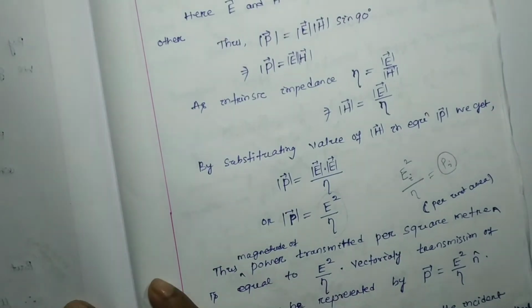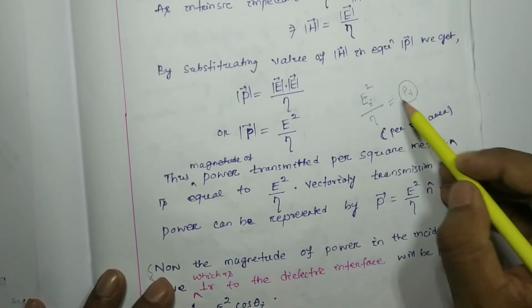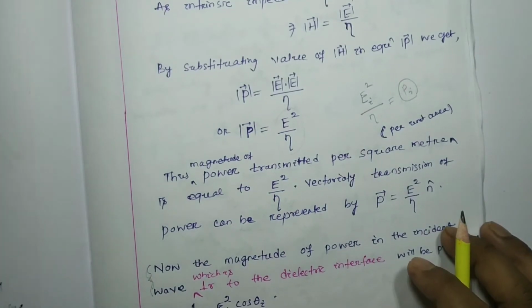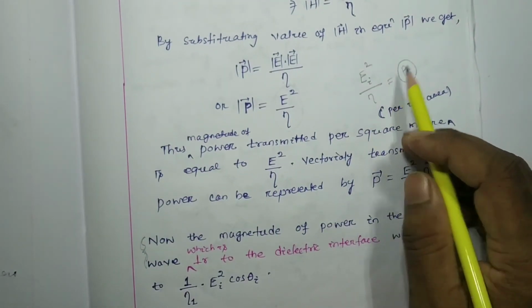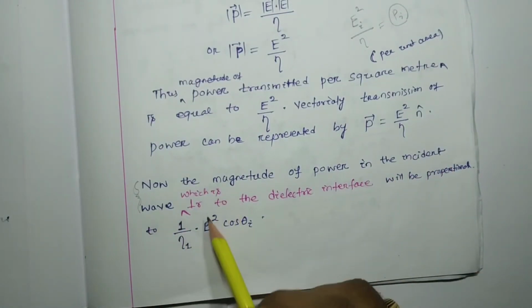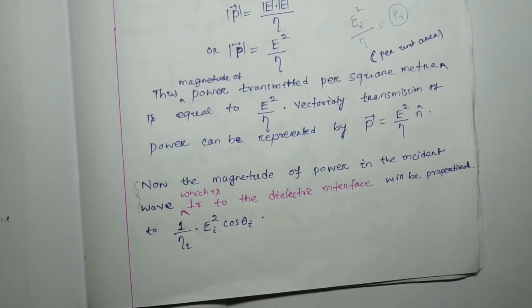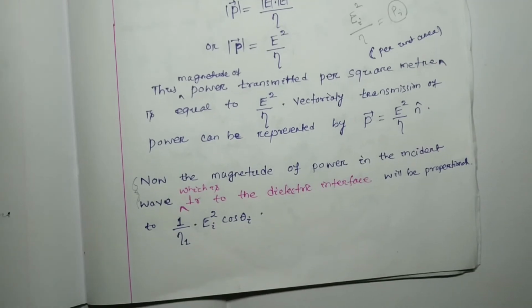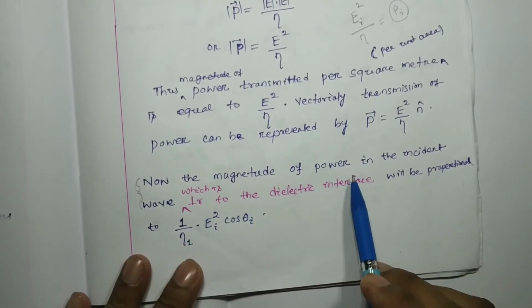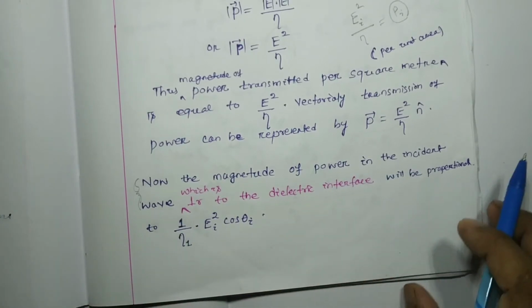So here Pi is nothing but the incident power, but as it is oblique, now the magnitude of power in the incident wave will be proportional.